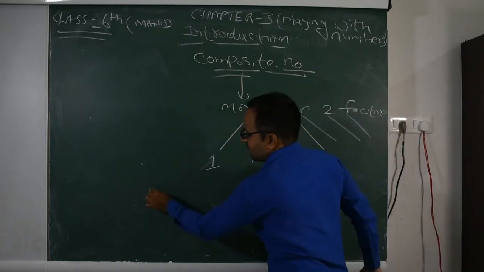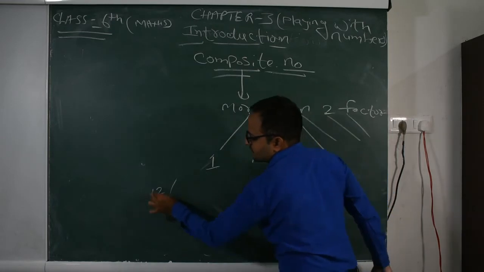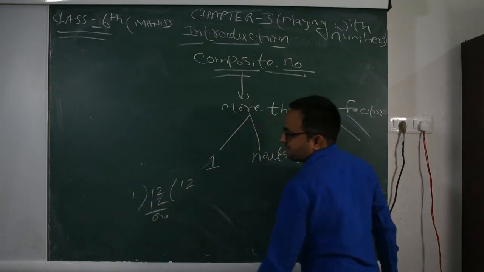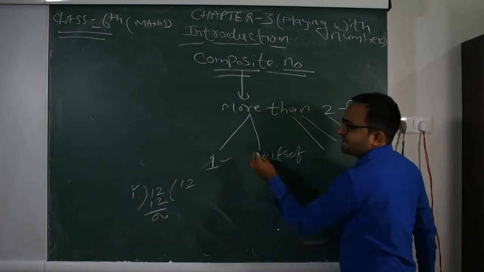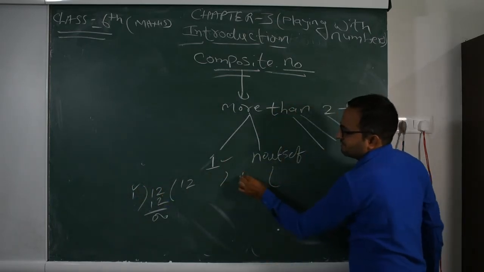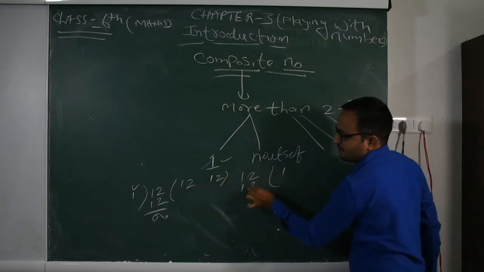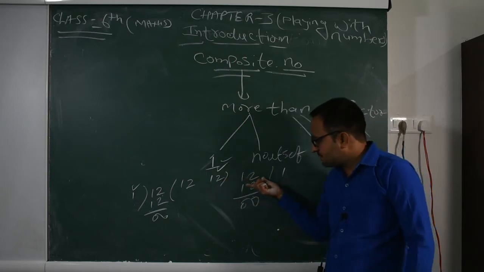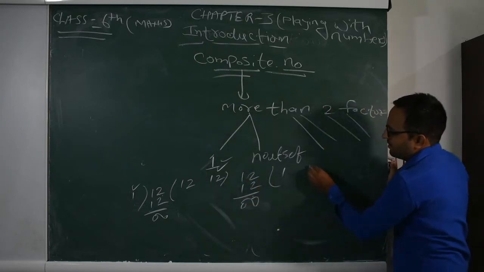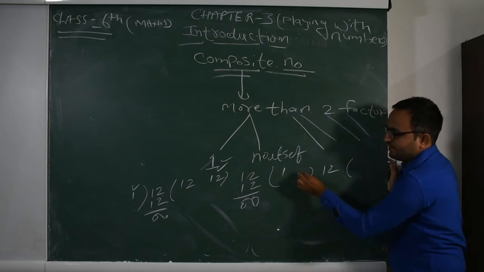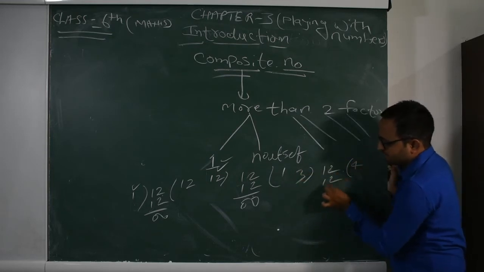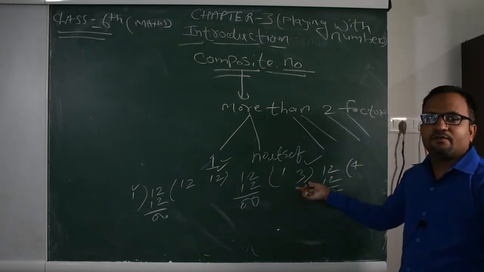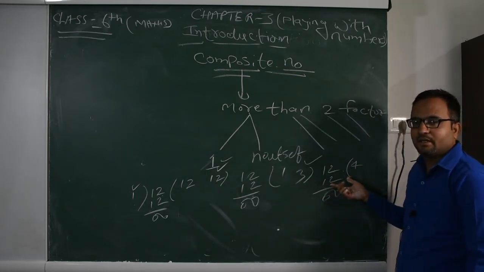For example, 12. The first factor of this number is 1, because 1 twelves are 12. The number itself, 12, is also a factor, since 12 ones are 12. Now 3: 3 fours are 12, so 3 is a factor of the given number.